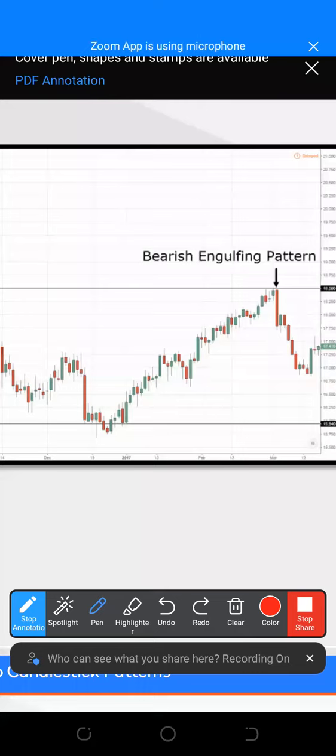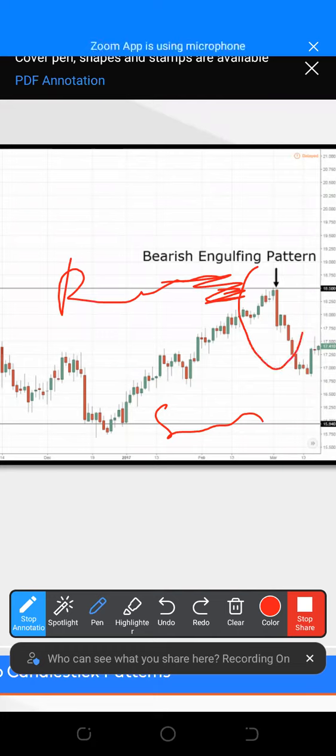But now looking at this, on bearish engulfing pattern, let's say this is our resistance line, this is our support line. From the top, you can see for bearish, the trade was already at the top. That is where you spotted the bearish engulfing pattern.